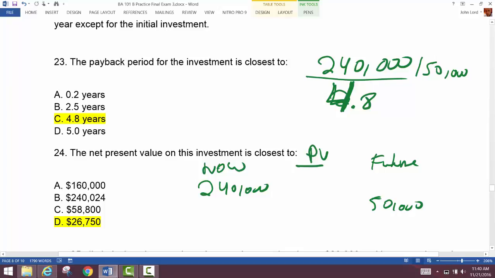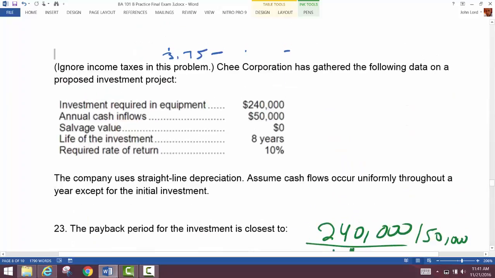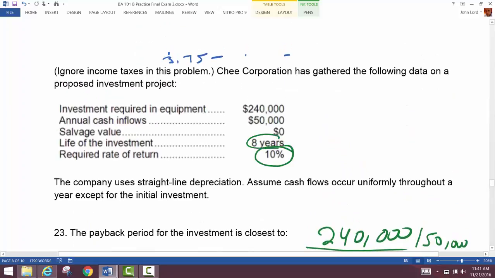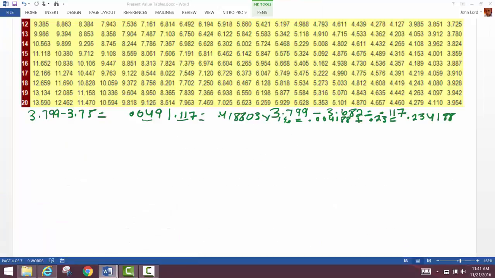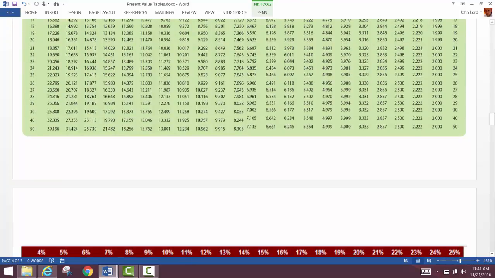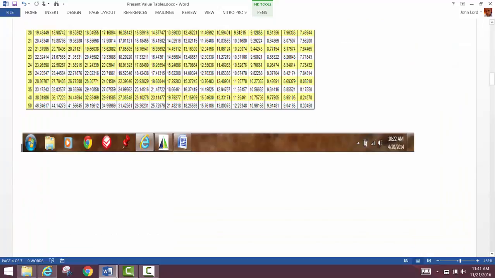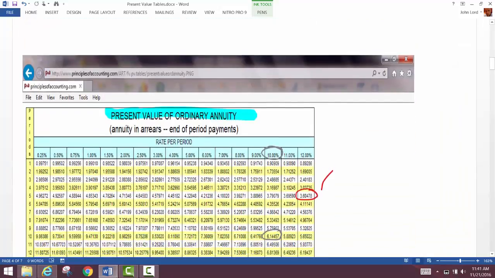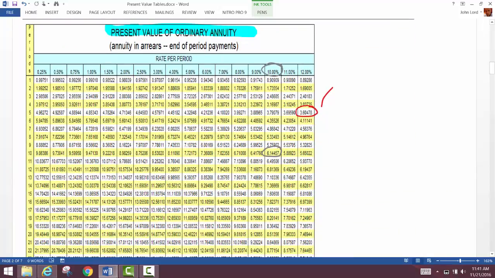Okay, so I'm going to go to required rate of return, which is 10% here, right? For how many years? 8 years. Okay, so I go back to the table. Let me go back. I like this table up here better because I'm more used to it. Present value of an annuity, right?